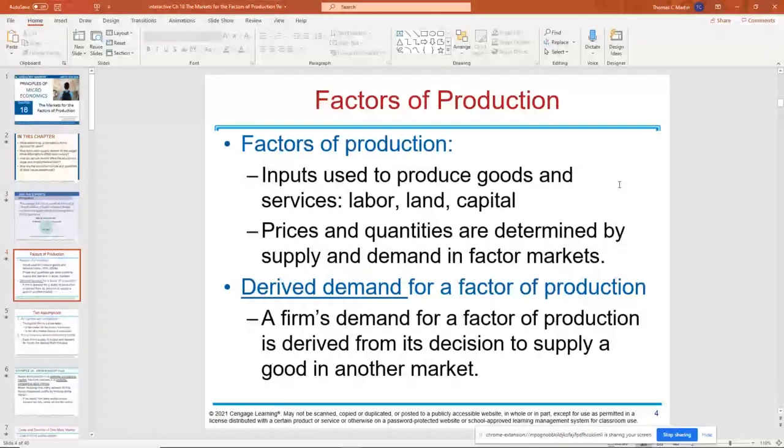Now we have derived demand for factors of production. A firm's demand for a factor of production is derived from its decision to supply goods in another market. Now, we're not just hiring labor. If our product is temporary workers, we will hire the individuals and then we will sell their labor and their skills to jobs around the community or around the state or city.